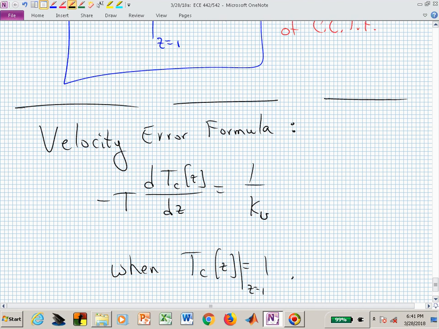And this is assuming that we already have set the DC gain to 1. So if somebody said, oh, I want to make this even more fancy, I want to track a ramp with a certain amount of error, then you might have to put in some more unknown parameters in T sub C of Z, make it a little bigger in terms of unknown parameters, increase your polynomials in the numerator and denominator potentially to give you some more flexibility to achieve these design specifications.